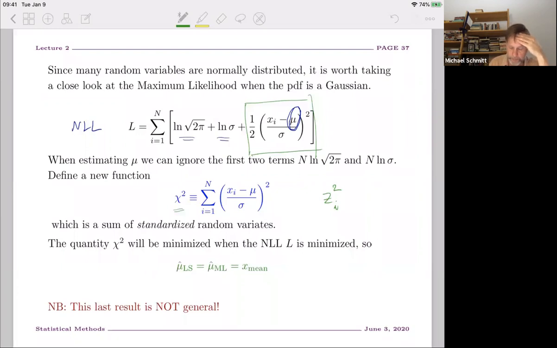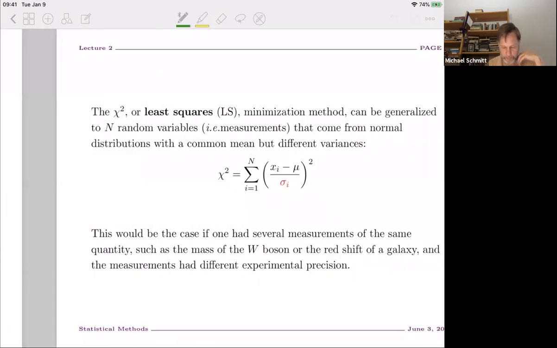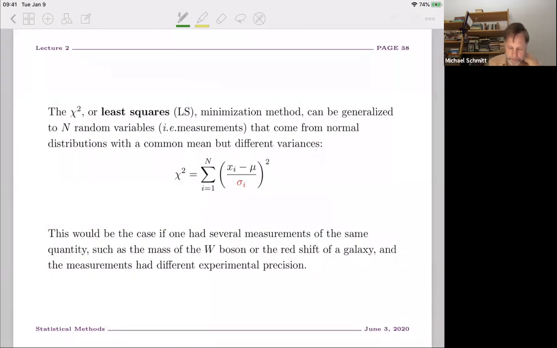So this is all very neat and tidy. For a Gaussian, everything falls together and converges on the same answer. But for other kinds of distributions, it's not necessarily true. So the least squares you can think of as being the maximum likelihood method where the underlying PDF is a Gaussian.